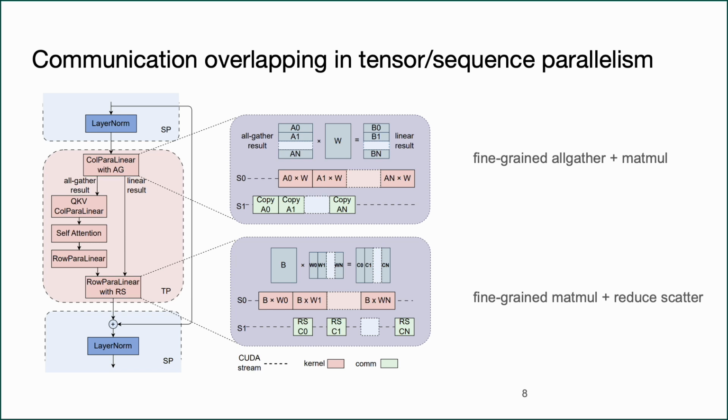For each chunk, after the matrix multiplication is done, you can start doing the communication for this chunk. This is a more fine-grained version, and this way you can pipeline some of the communication and hide the overhead of that. We are also working on an even finer-grained version where we do it at even smaller tiles. But you get an idea of what kind of techniques we can use inside a node for the transformer architecture.